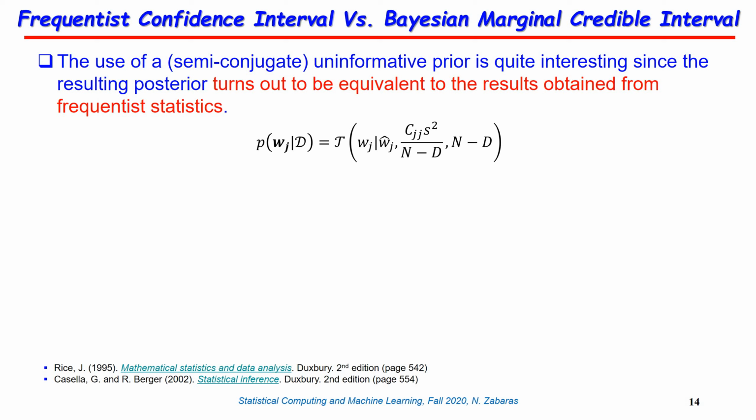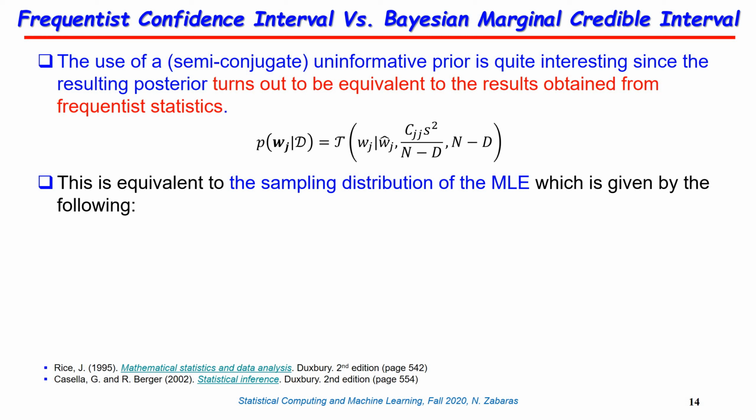What is surprising, and actually an important result, is that for those familiar with frequentist statistics, this distribution turns out to be of the same form as the sampling distribution of the MLE. So effectively we get exactly the same result from a Bayesian perspective as from a frequentist perspective.